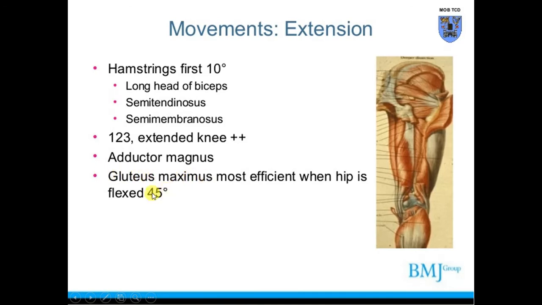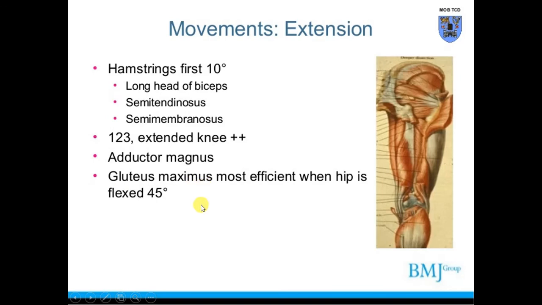If you are sitting on a chair with your hip joint flexed and you try to stand, the most efficient muscle is the gluteus maximus muscle.